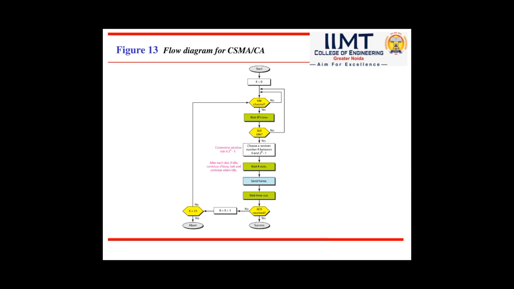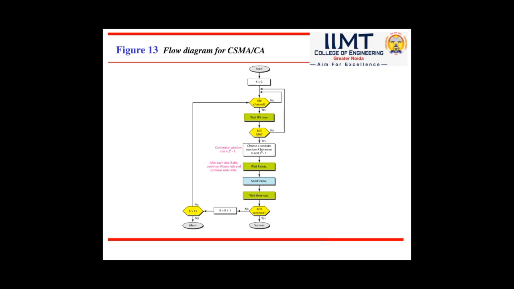If after the IFS time it detects that the channel is still idle, then it chooses a random number between 0 to 2 raised to the power k minus 1 from the contention window and waits for R slots. The waiting time will be in the form of 1, 2, 4, 8, 16, and so on.